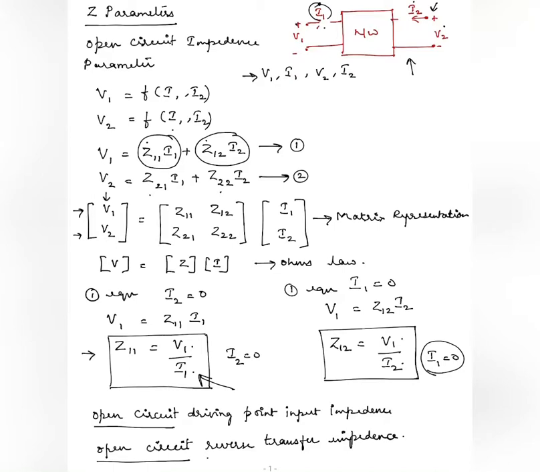So that is why it is called a reverse transfer impedance, right? It is an impedance because it is the ratio of V and I, but it is a reverse transfer impedance, because one term is of the input and the other term is of the output. That is, V1 is from the input side and I2 is from the output side.